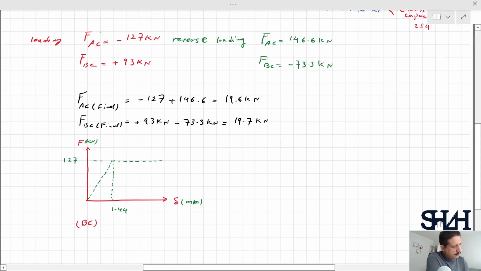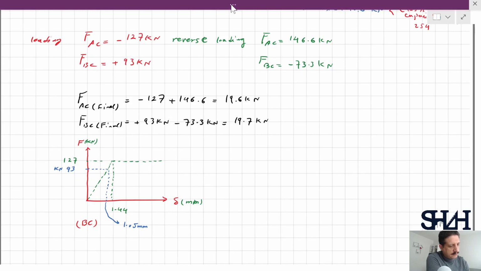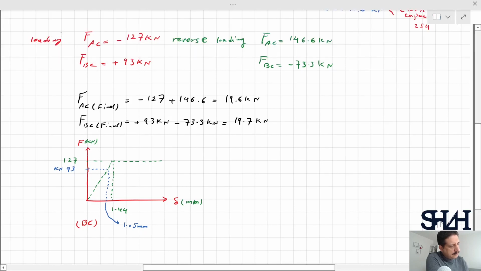And we loaded up to 93 and the deformation reached 1.05 millimeter. After that, we unloaded the structure and the residual force inside the element is now 19.6 kilonewton or 7.